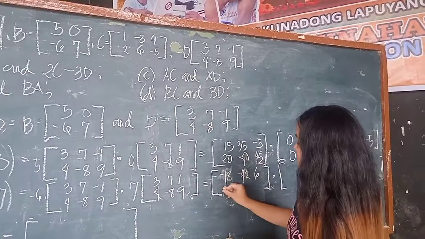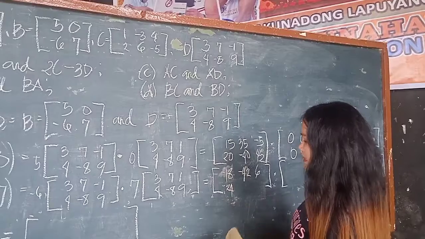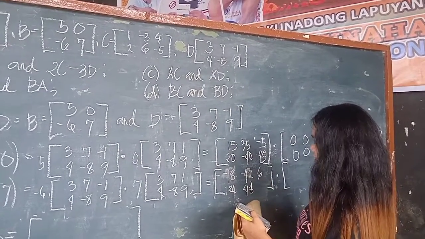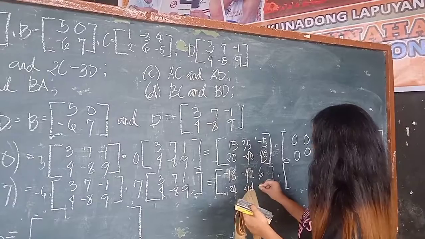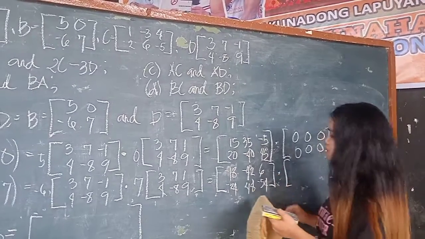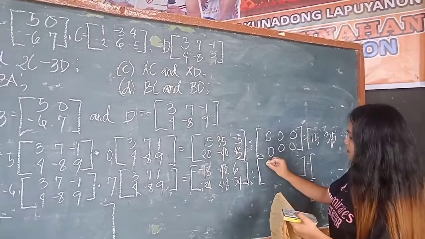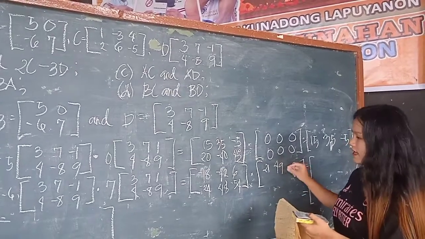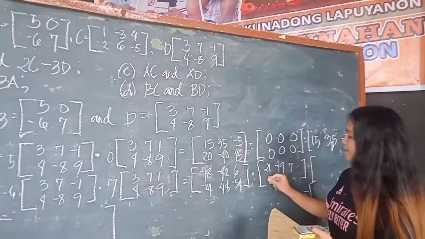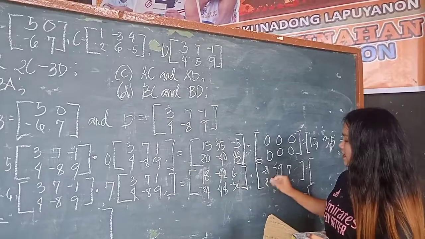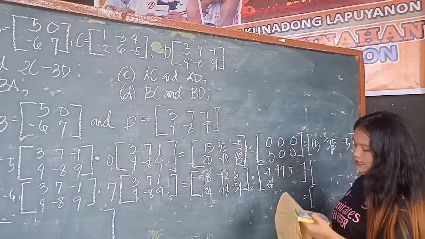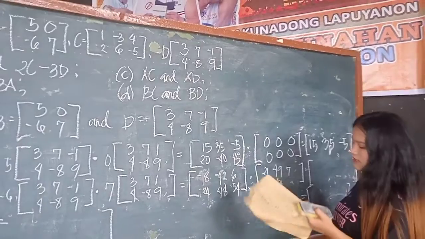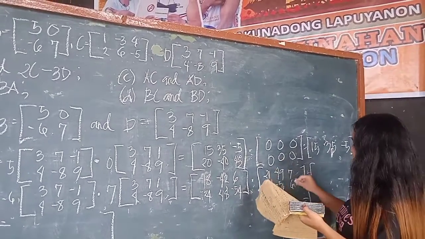So negative 18, positive 24, negative 42, negative 54. Then 7 times 3 equals 21. 7 times 7 equals 49. And 7 times 1 equals 7. Then 7 times 4 equals 28. And 7 times negative 8 equals negative 56. And 9 times 7 equals 63.